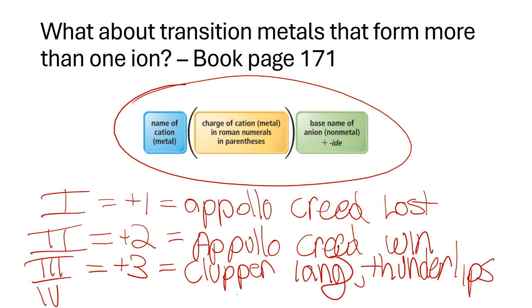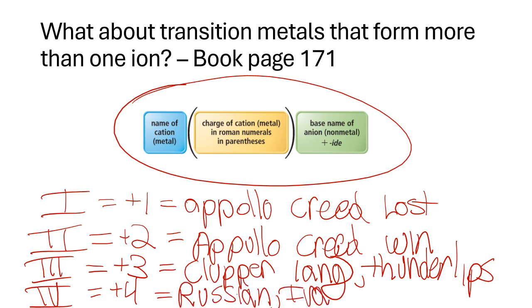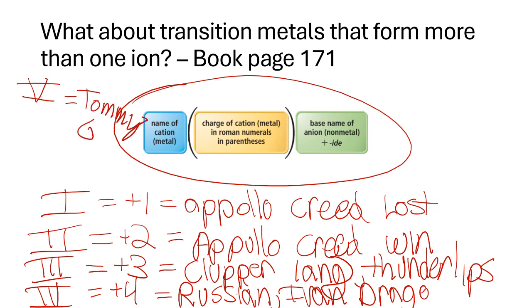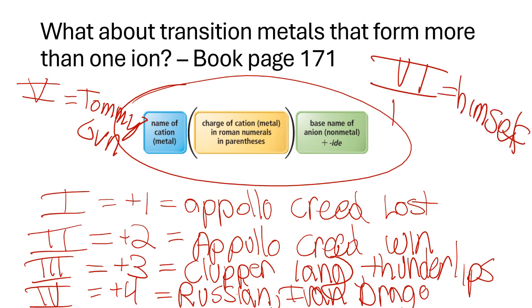And if it's a +4, we write Roman numeral 4. You can also have a +5, a 6, and a 7.